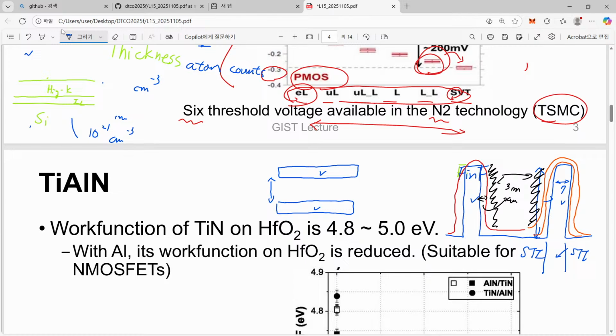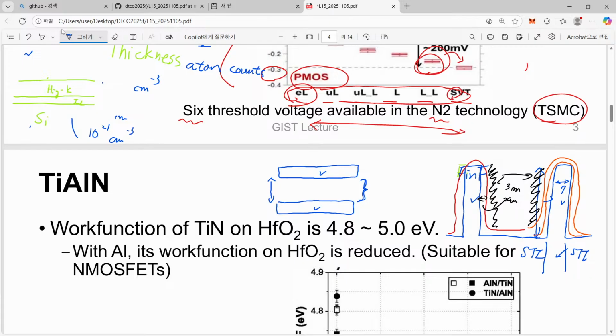It is simply because if we allow too large a distance between these two stacks, then our fabrication becomes too difficult. So we have to keep this distance as short as possible.